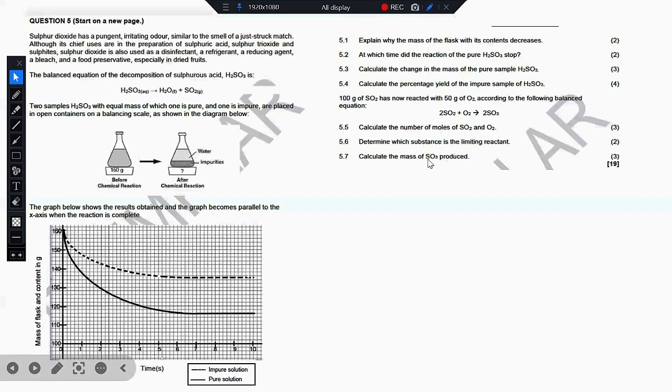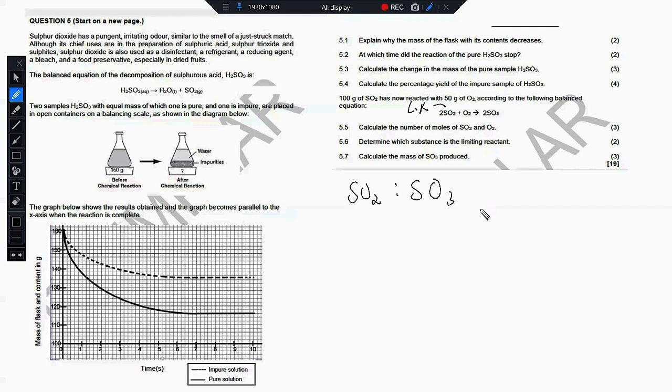5.7 says now calculate the mass of the SO3 produced, right? So remember, we have already concluded that this is the limiting reagent. And when it comes to calculating any other substance, we know that we will have to compare it with the limiting reagent. So if we want the mass of the SO3 produced, we first need to say what is the ratio of the SO2, which is the limiting reagent, to the ratio of that SO3, which we are looking for, right?